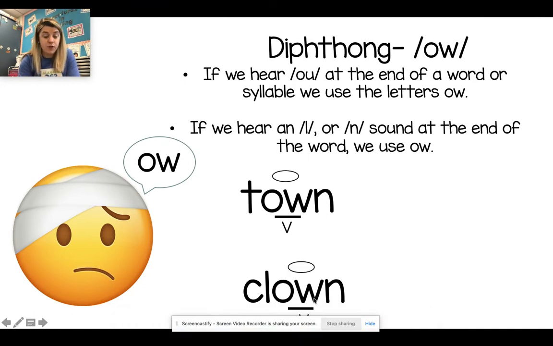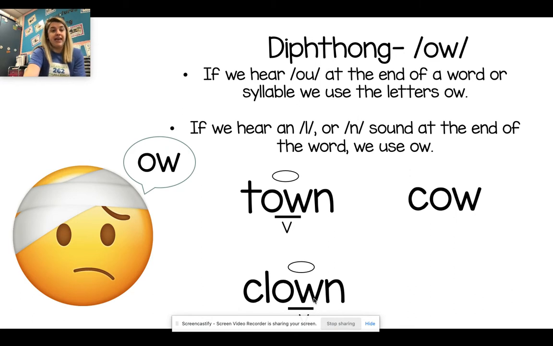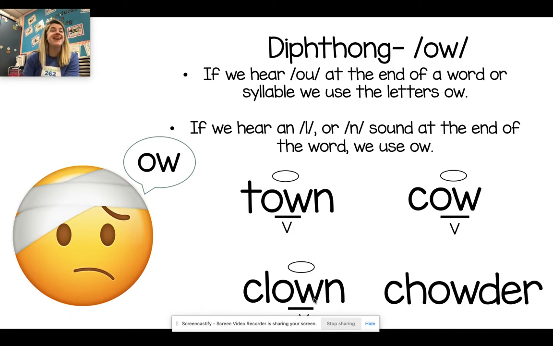And it's right before the letter N, right? So if we hear the middle before a letter N or an L, it is ow, spelled O-W. Here's our word, ow. If I was spelling the word cow, I hear it's at the very end, so I know I'm using O-W.